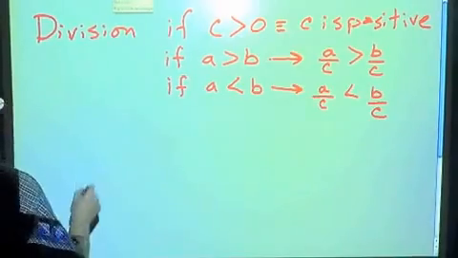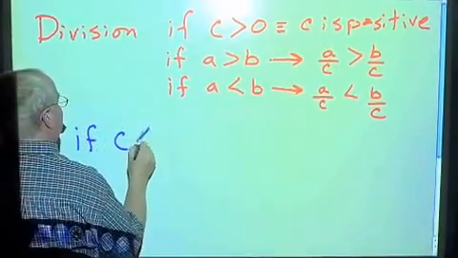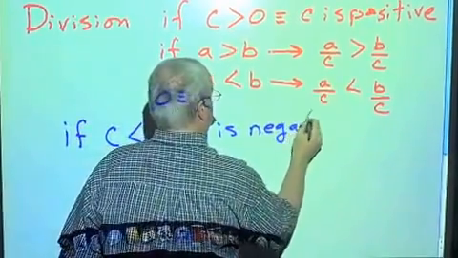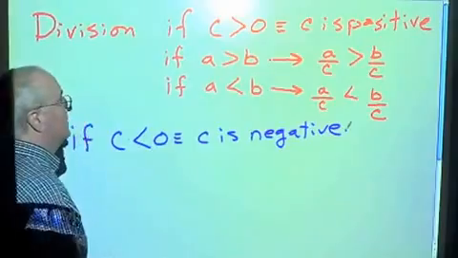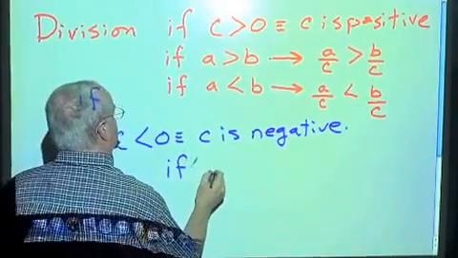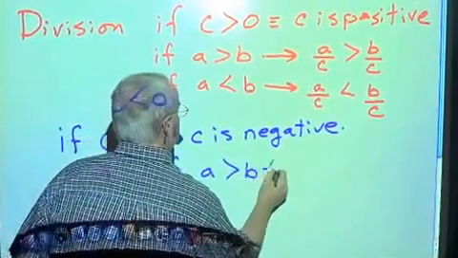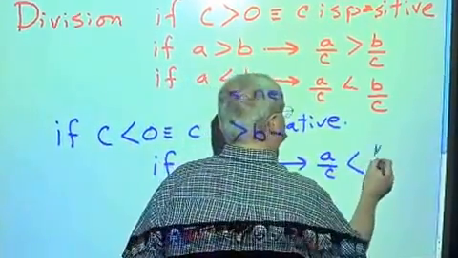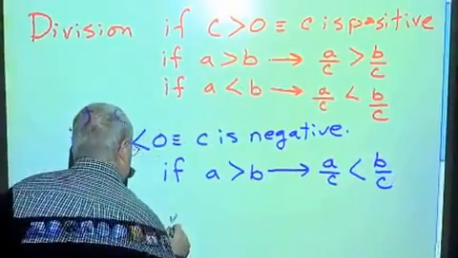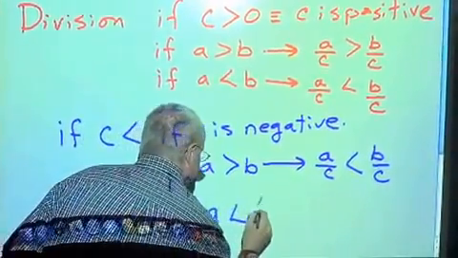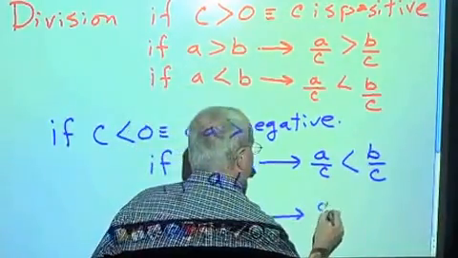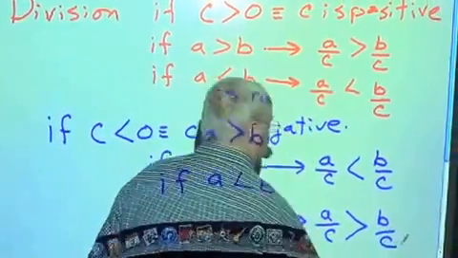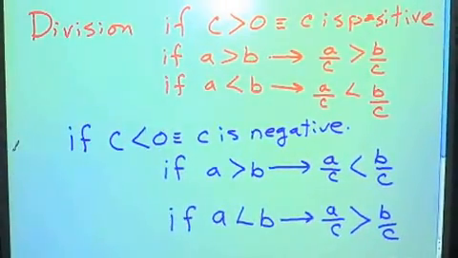What happens if C is less than 0, meaning C is negative? If A is greater than B, then A divided by C is going to be less than B divided by C. And if A is less than B, then it's going to follow that A divided by C is going to be greater than B divided by C. So division works just like multiplication does.